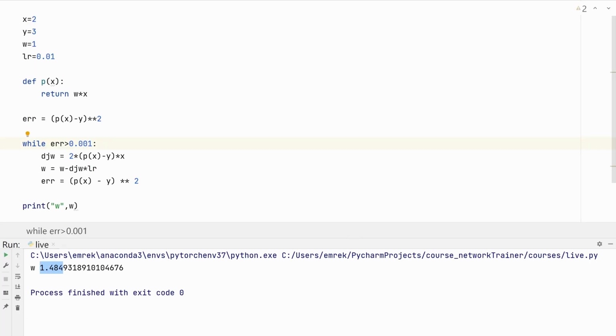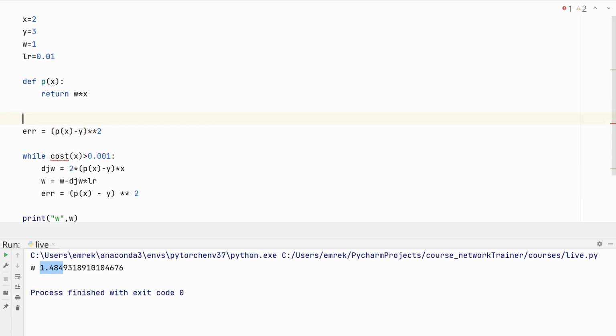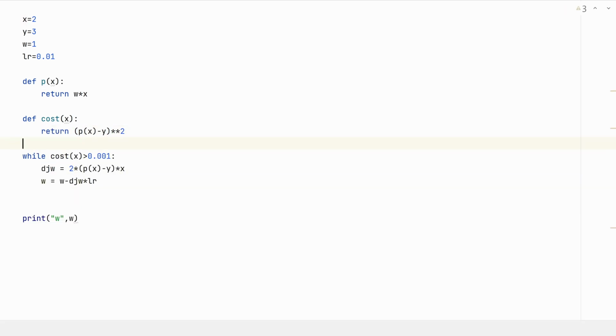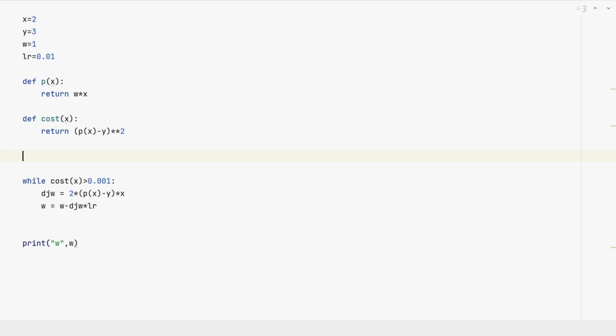Now let's tidy things up a little bit. I will call the error cost. In neural network frameworks, you will frequently encounter a word called gradient.